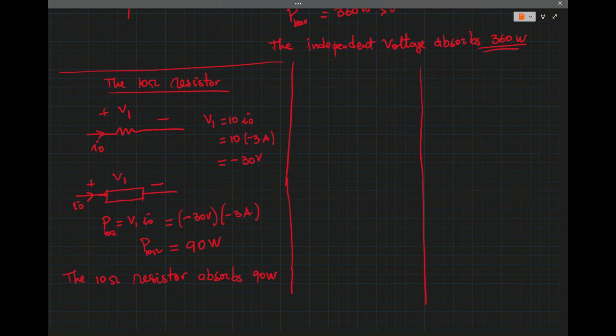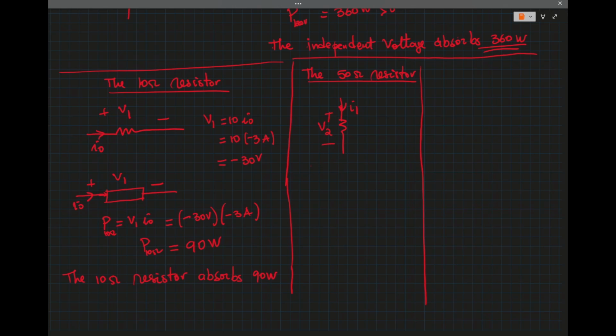Okay, now the 50 ohm resistor. The 50 ohm resistor also has I1, and then we have V2.